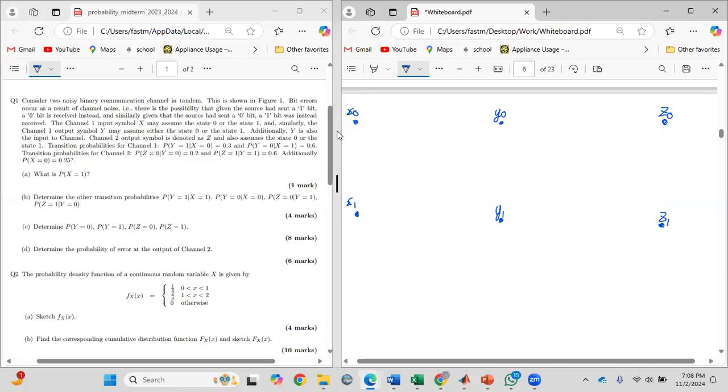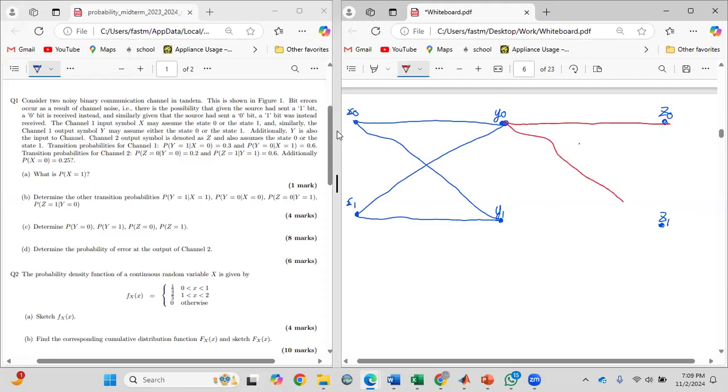That's basically what I'm trying to tell. So your lines will join here, then we'll go down to Y1, then this will go across here, and then this will come up like that. And for the second one, Y0 goes to Z0, Y0 to Z1, Y1 to Z1, and Y1 to Z0. That is the connected channel there.